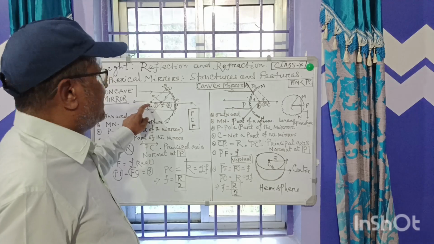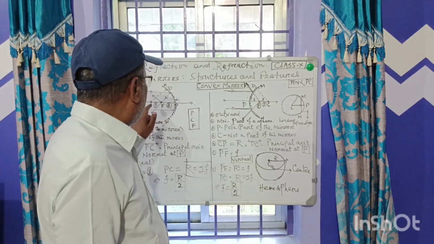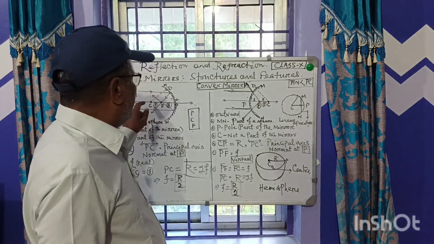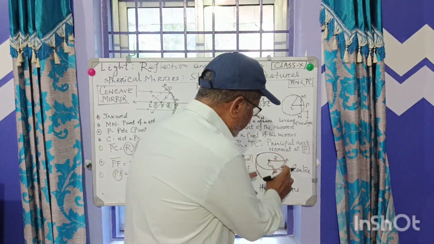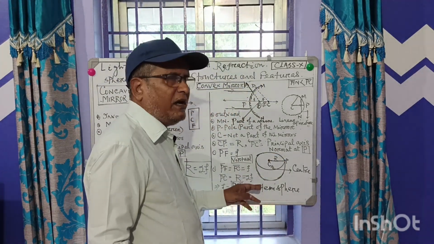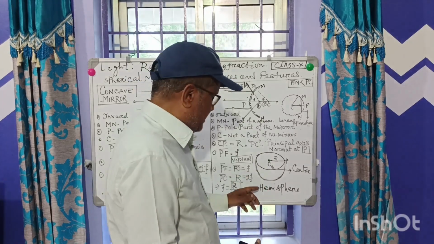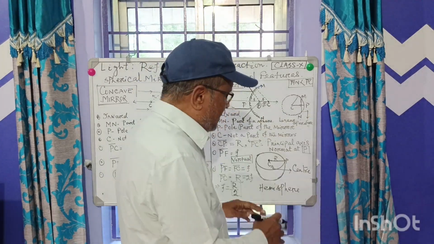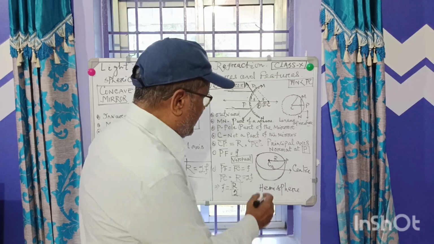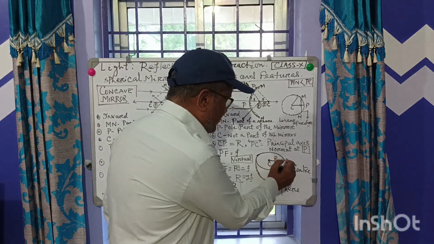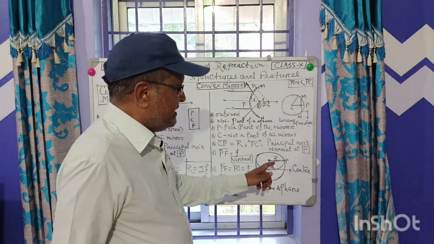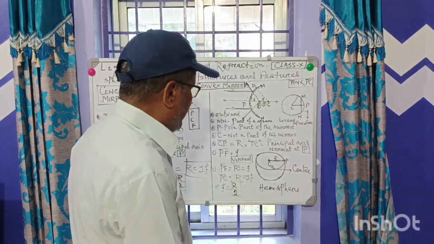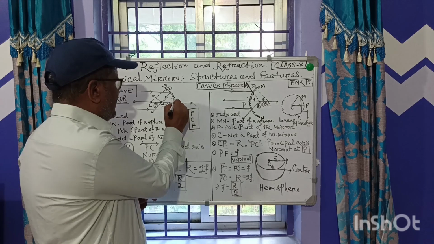Now you see MN, the part of a sphere, and it has a center. We have marked it as capital C. For your better understanding, we have drawn a diagram of a hemisphere, not a sphere, because you can easily understand. So now you see, this is the center, and this is the radius of this hemisphere.